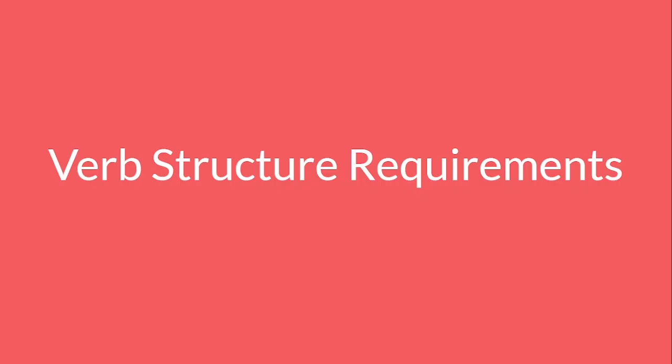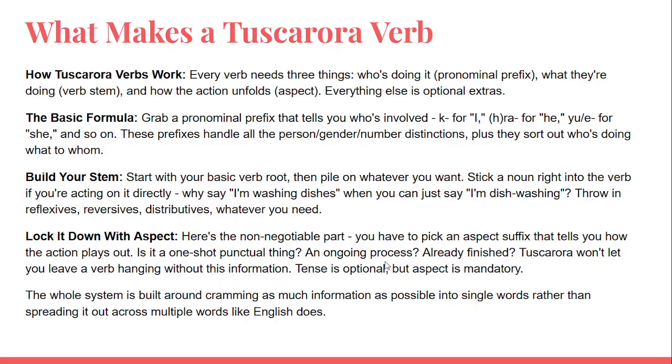All right, and now verb structure requirements. So this is the big picture. All the stuff that you can cram into a verb is essentially where the meat of a Tuscarora sentence is.